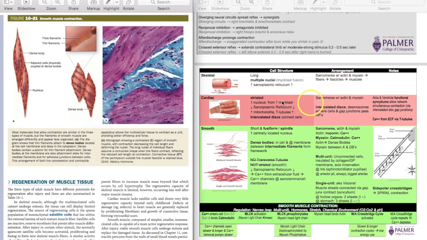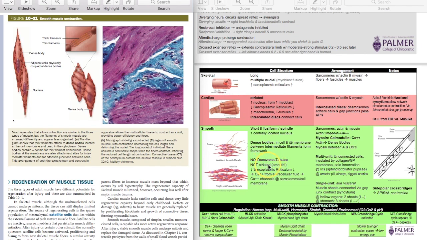I think I skipped over this, but cardiac cells do have sarcomeres. So skeletal muscle and cardiac muscle have a lot of similarities. They both have those bands of striation. They both have sarcomere arrangements, which create that band appearance. Smooth muscle is quite different.